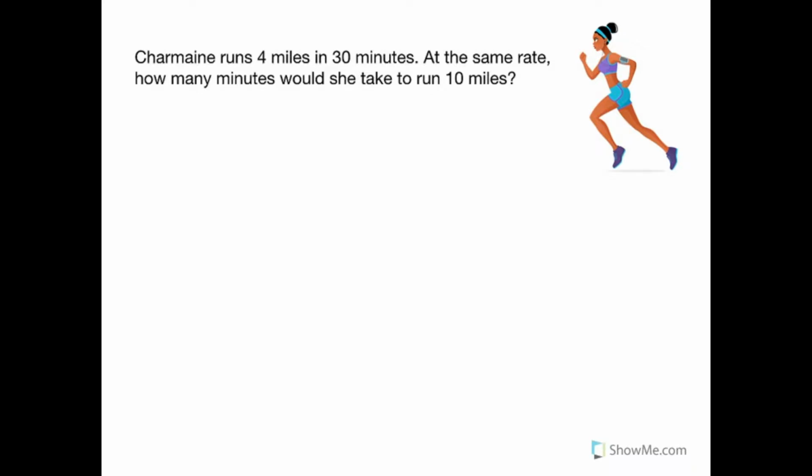Well, the first thing to do in these problems is to set up the rate. So we have 4 miles in 30 minutes, and the units are miles and minutes. So I'm going to write out miles over minutes so that I can keep track of which unit I'm using in which spot.